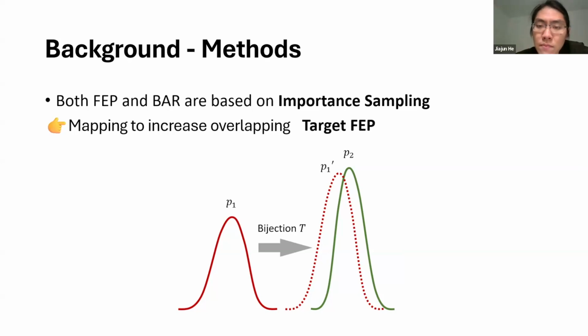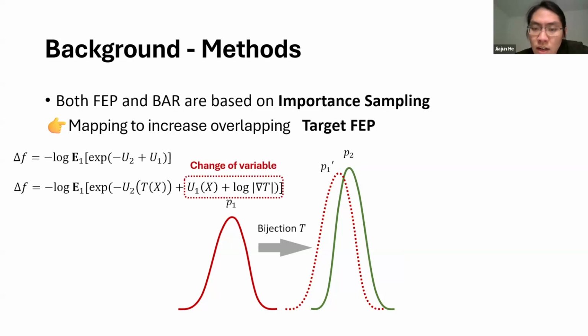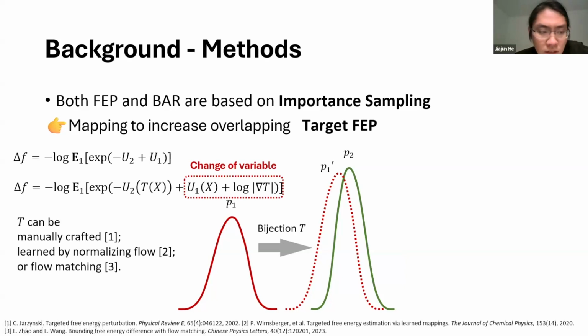And this is known as targeted FEP. If you look at the standard FEP equation, the targeted FEP is actually the same, just introducing a change of variable. So it's just like the FEP between P1 prime and P2. And for this mapping, you can design it manually, or you can learn it, for example by flow matching.